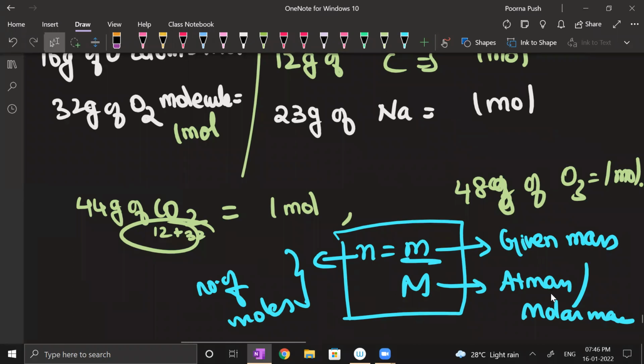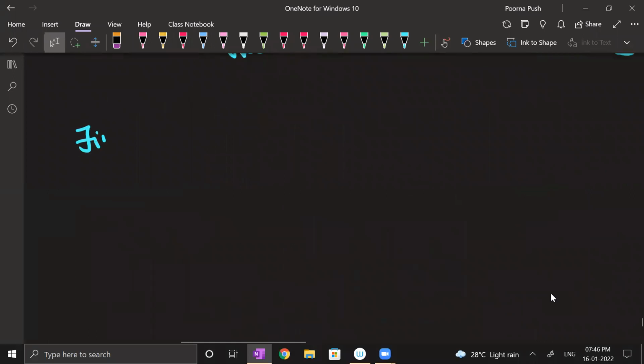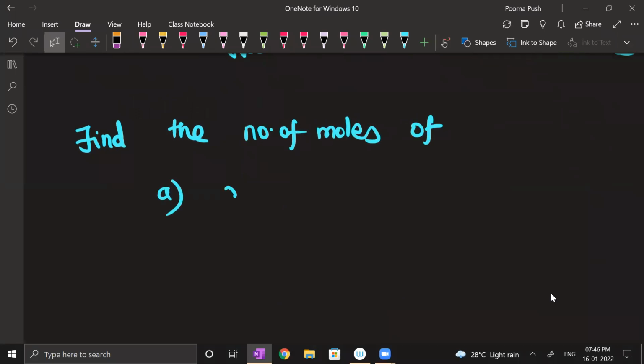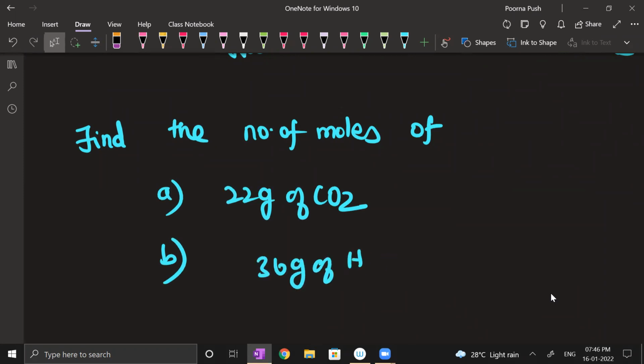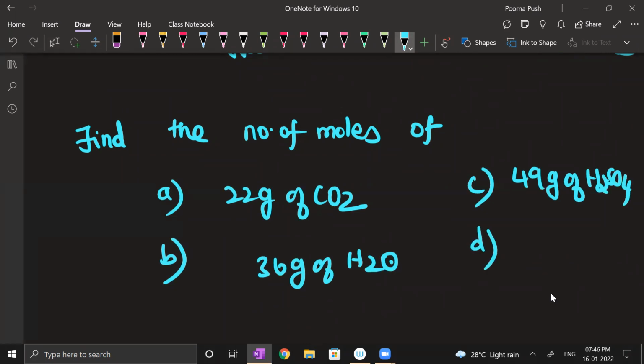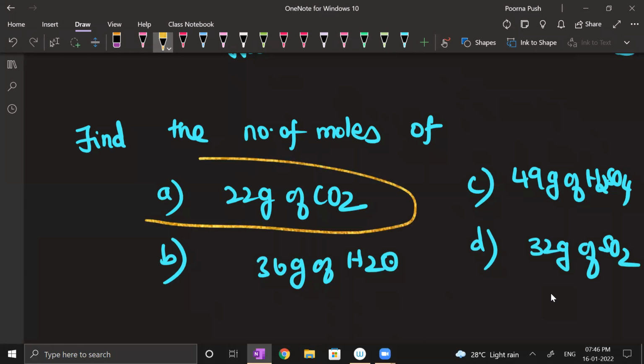Okay, now we'll do problems. Find the number of moles. Sample question, I will do the first one.